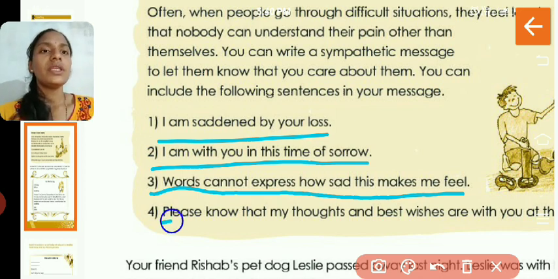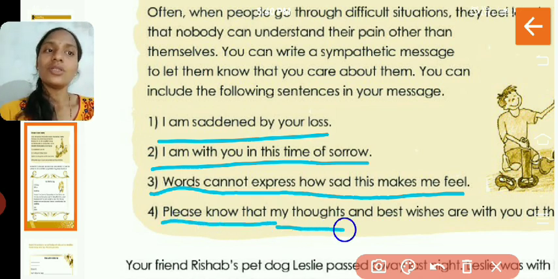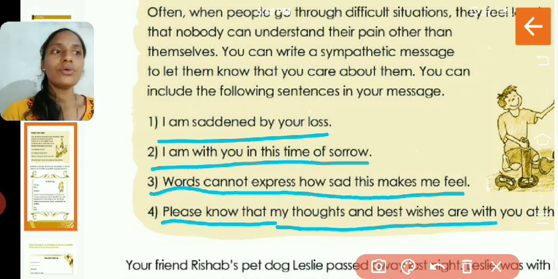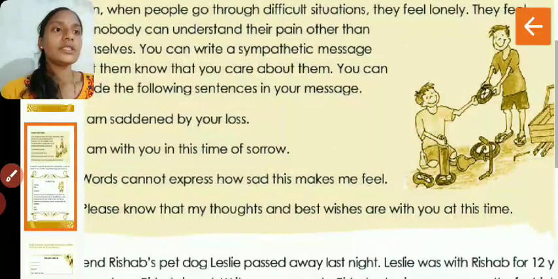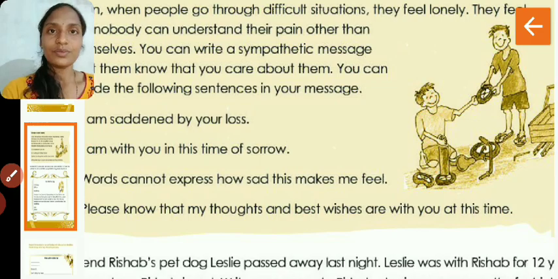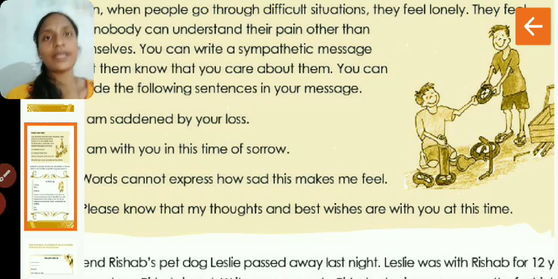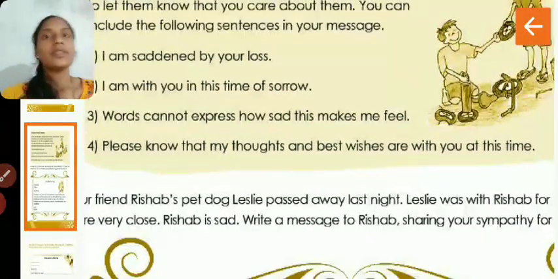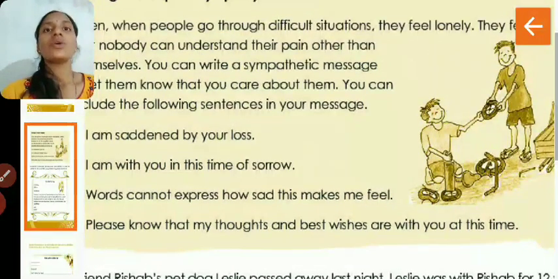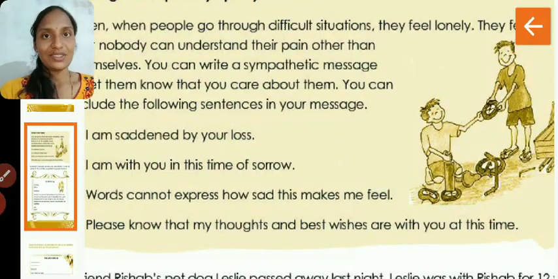Then, please know that my thoughts and best wishes are with you at this difficult time. So these are some situations when we write messages.